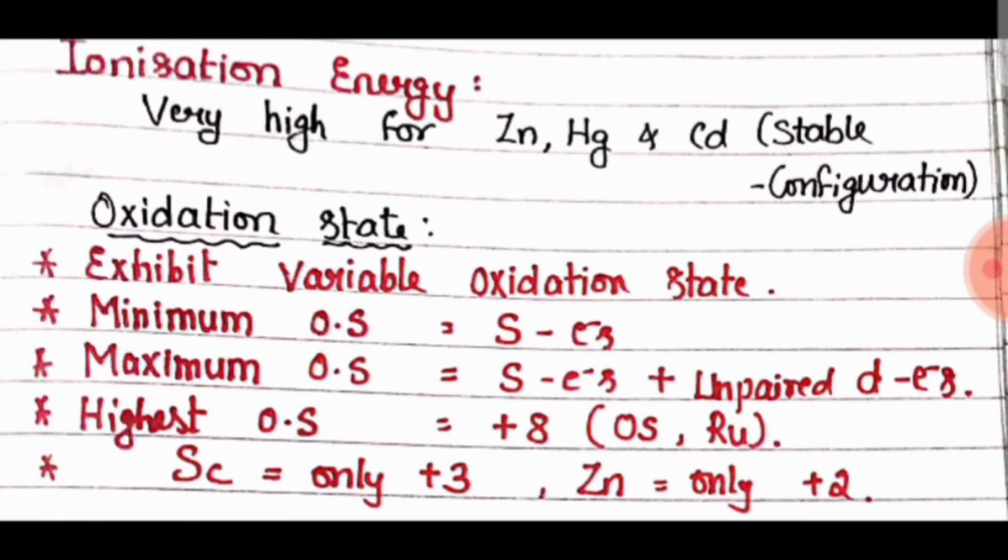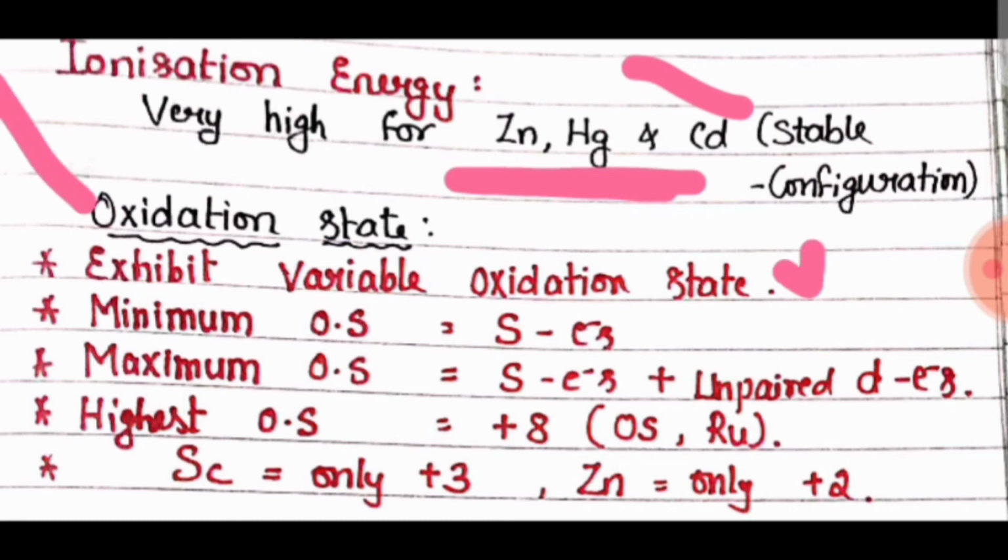Then if you talk about the ionization energy, it is very high in zinc, mercury and cadmium because they show stable electronic configuration. And in case of oxidation state, transition elements show variable oxidation states due to more unpaired electrons. If they lose the electrons of s orbital, they show minimum oxidation state. If they lose s orbital electrons as well as d orbital electrons, they show maximum oxidation state.